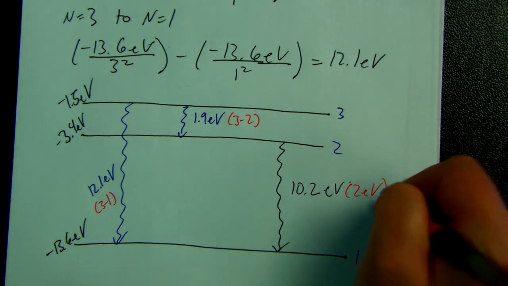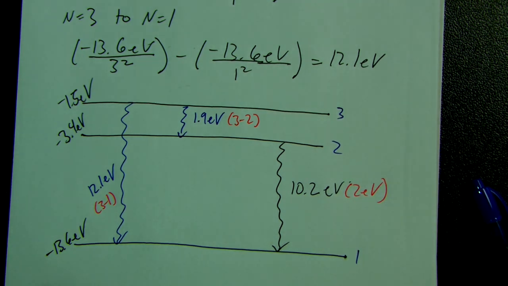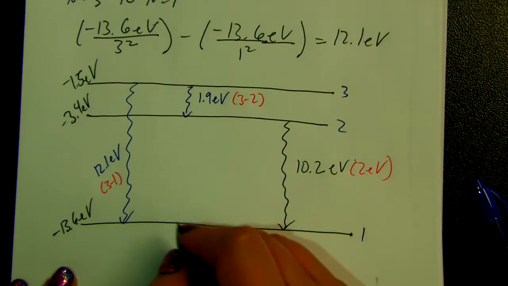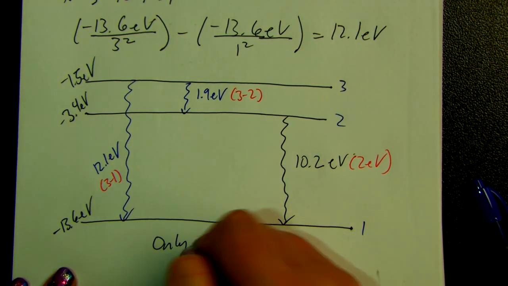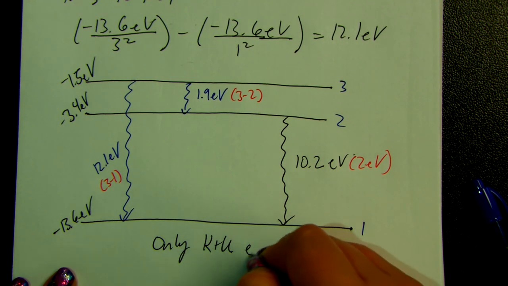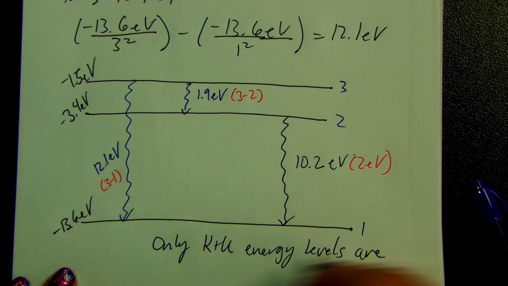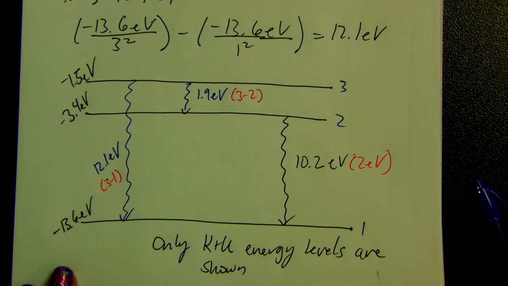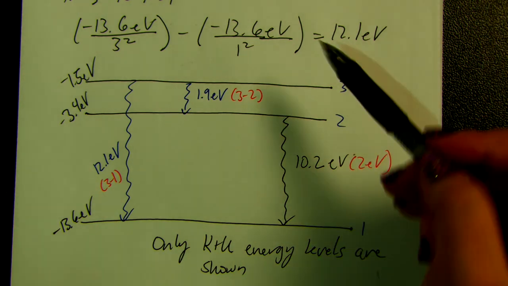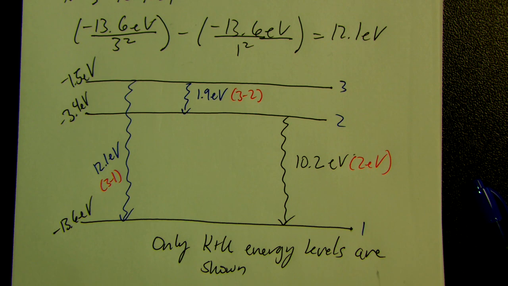So here we have an energy level diagram. Perhaps some of you have seen these before. And so all we're showing is only K plus U energy levels are shown. You don't draw energy levels that aren't possible. Okay, so what you can see is this is very different than a classical system where you'd have a smooth transition down and it would have all of these different available energy levels.